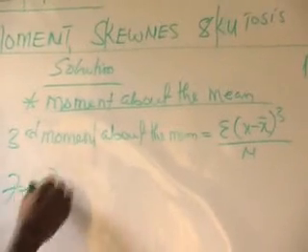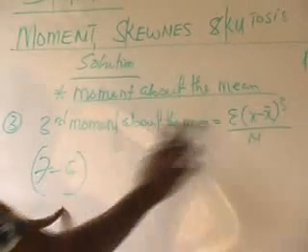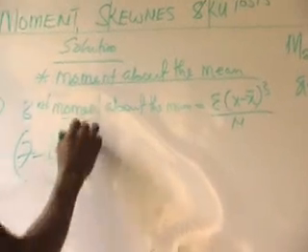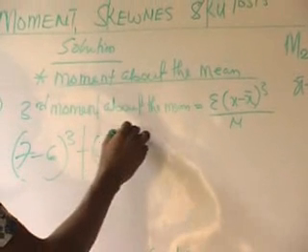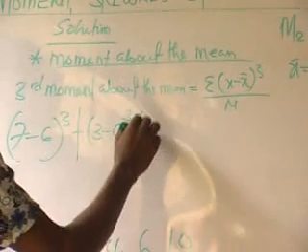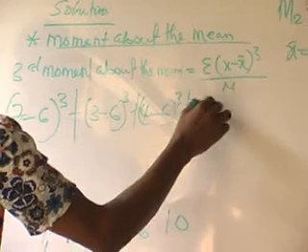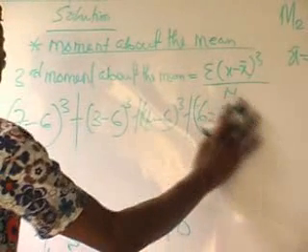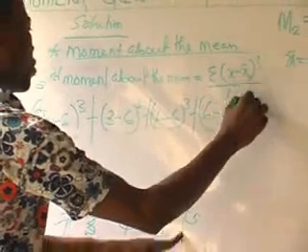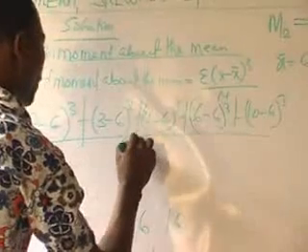Say (x minus 6) raised to power 3, that is (x minus x bar) raised to power 3 because we are talking about third moment. Plus, the second x is 3 minus 6 raised to power 3. Then plus 4 minus 6 raised to power 3. Then plus 6 minus 6 raised to power 3. Then plus 10 minus 6 raised to power 3. Then all over 5, since n is 5.